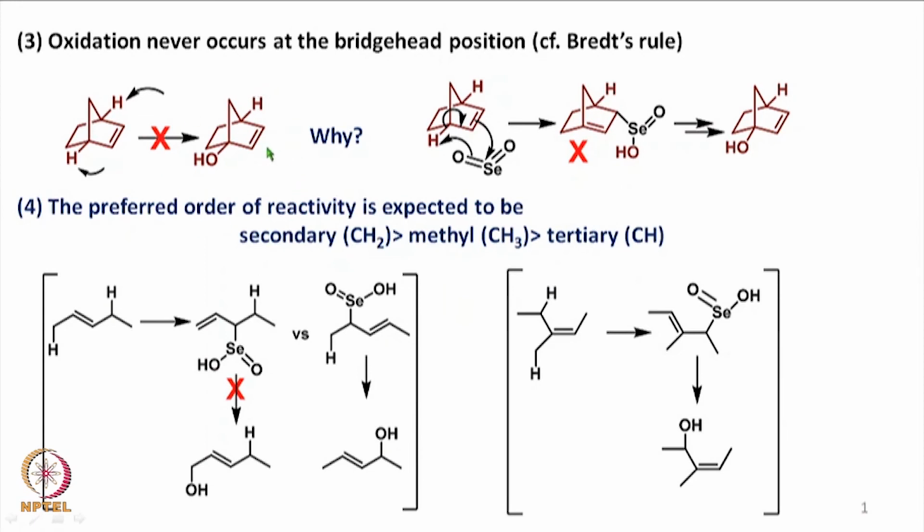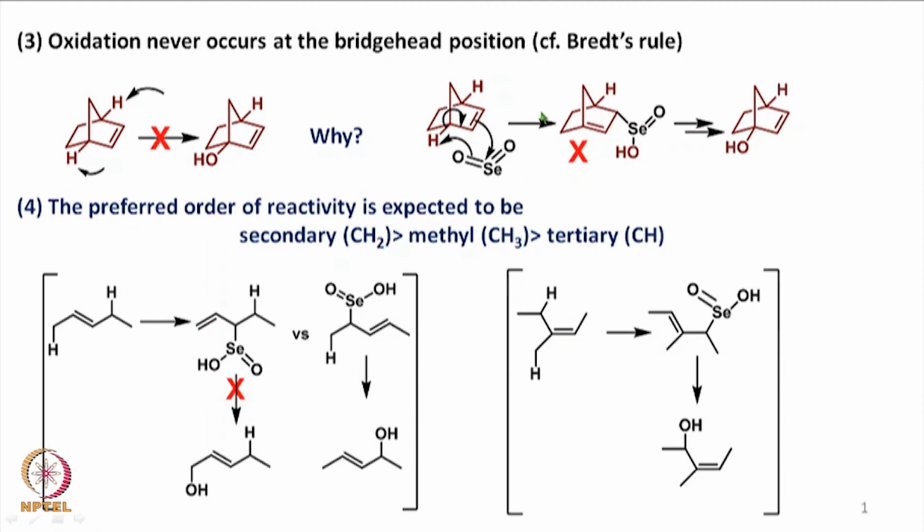That is because when selenium dioxide reacts with this bridgehead based compound, then what we expect is to form a selenium intermediate of this type, where a carbon selenium bond has formed between this carbon and this selenium, followed by the removal of a proton from here, which leads to the formation of a double bond at the bridgehead.